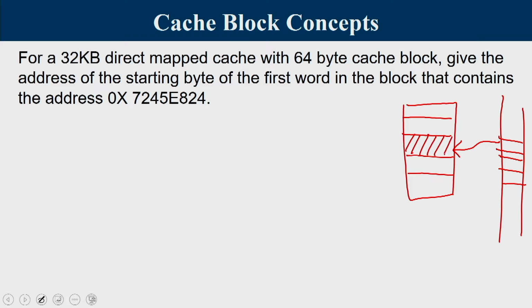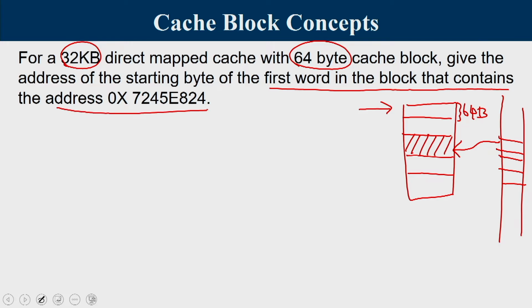Now, this cache is a 32 KB direct mapped cache and the block size is 64 bytes. The question asks for the address of the starting byte of the first word in the block that contains the address 0x7245E824.